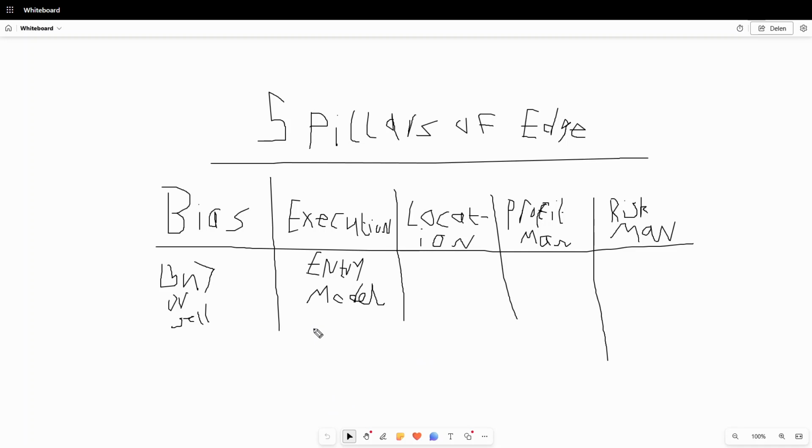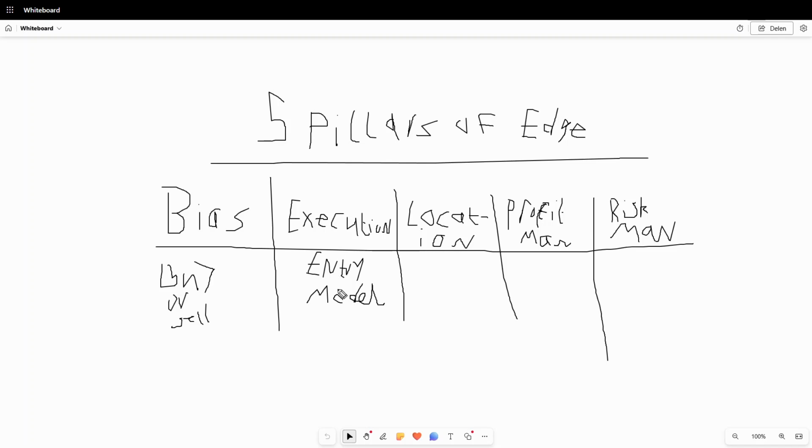So execution is your entry model: when price hits your target or your level, your location where you're willing to buy or sell, what are you looking for to then get into the trade? So what is your entry model?